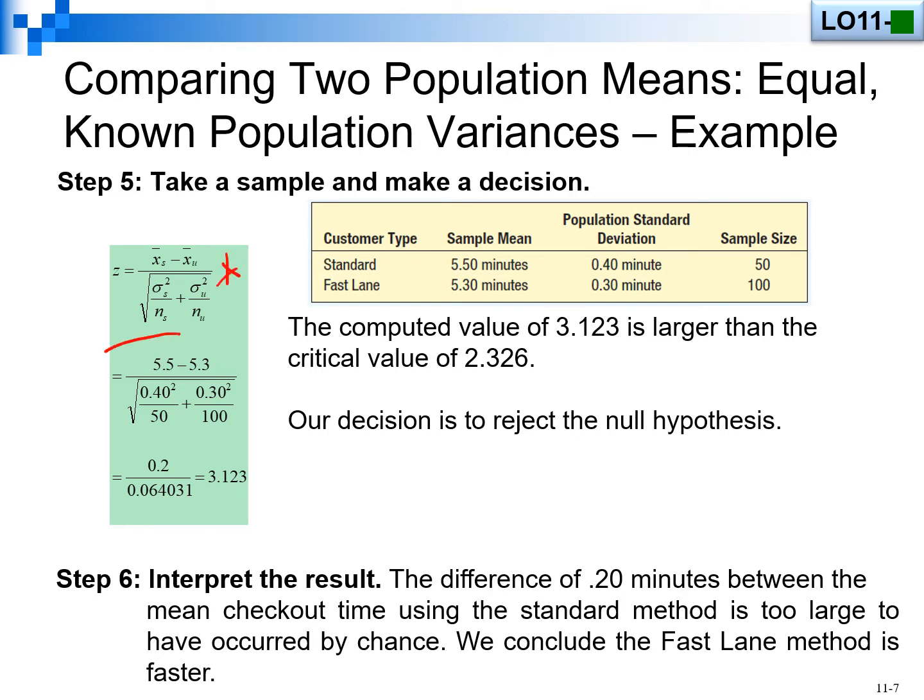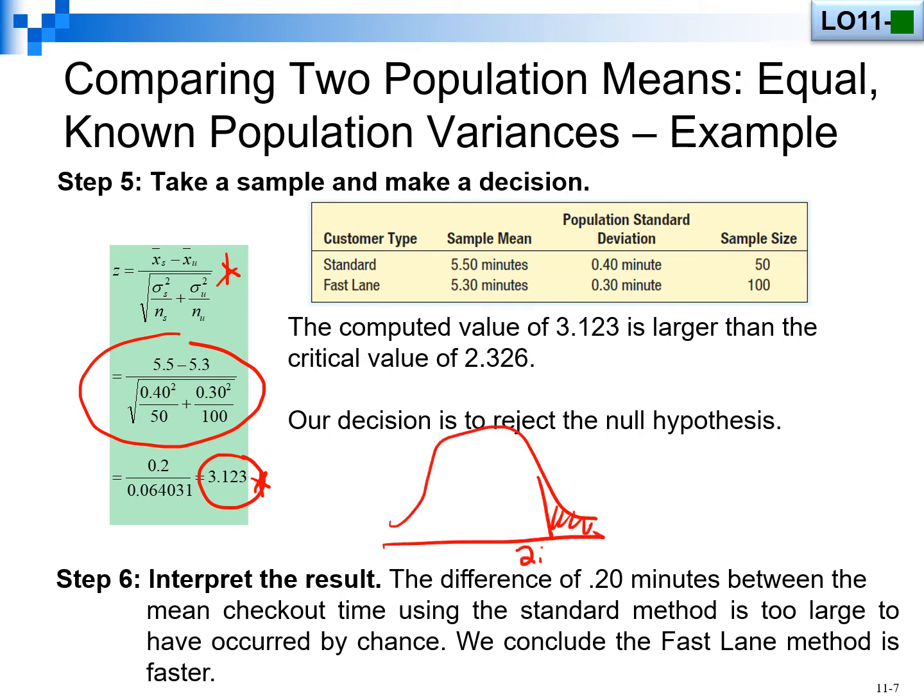Here's the actual calculation, and notice what they came up with, guys. There's your test stat result. And just to help you out with your decision, if this upper area starts at about 2.33, this number definitely falls in the rejection area. So we can reject the null and conclude that the standard lane is longer, and therefore that the fast lane is indeed faster.